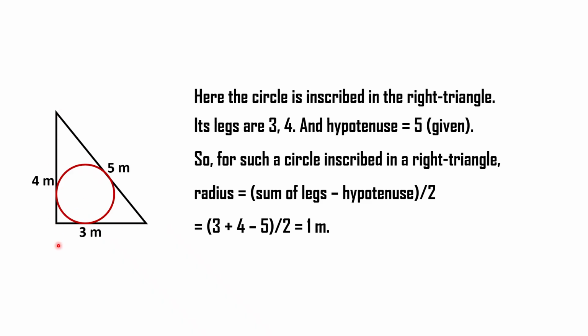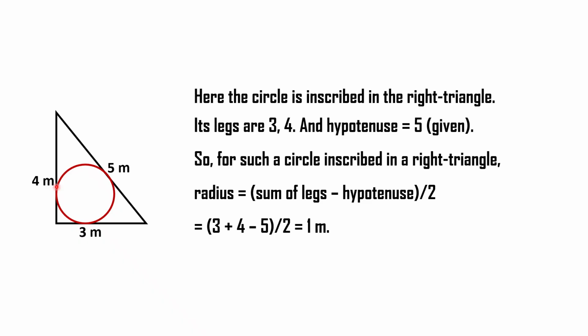So the radius is given by the sum of legs minus hypotenuse, whole divided by 2. Sum of legs 3 plus 4, minus hypotenuse 5, whole divided by 2. 3 plus 4 is 7, minus 5 is 2, 2 by 2 is 1. So the radius is 1 meter.